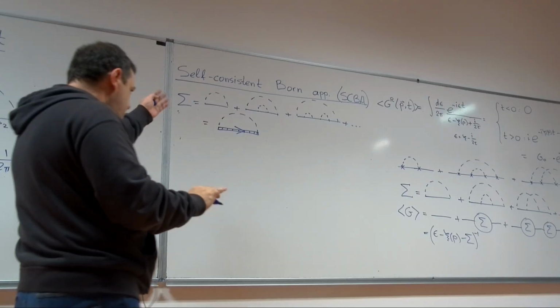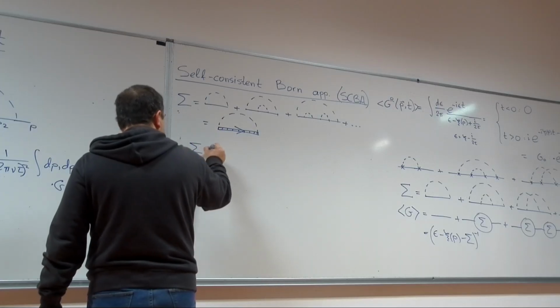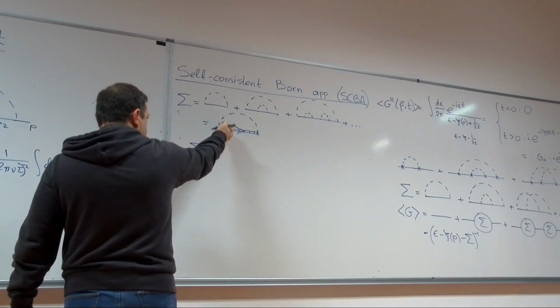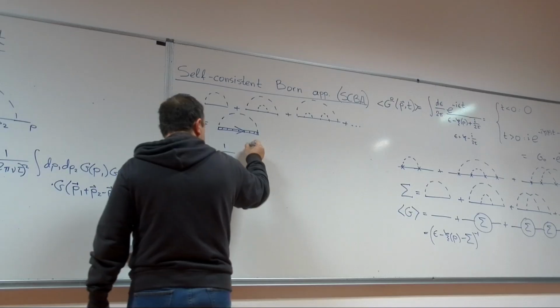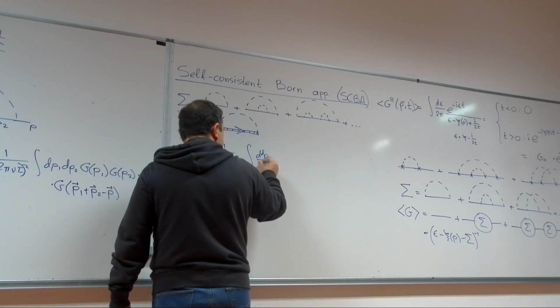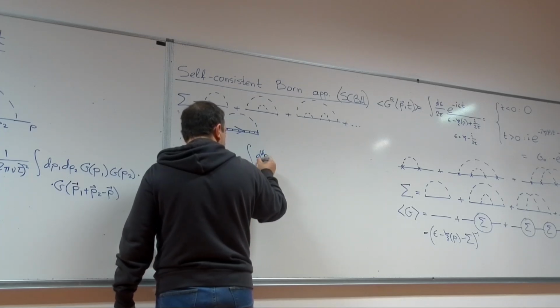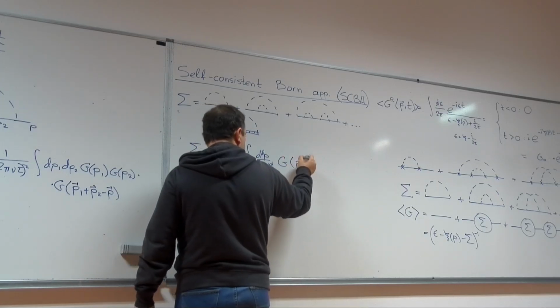So self-consistent Born approximation means two things. Sigma equals, this is the equation for sigma, 1 over 2 pi nu tau integral over d^d p by 2 pi to the power d of the green function of p.